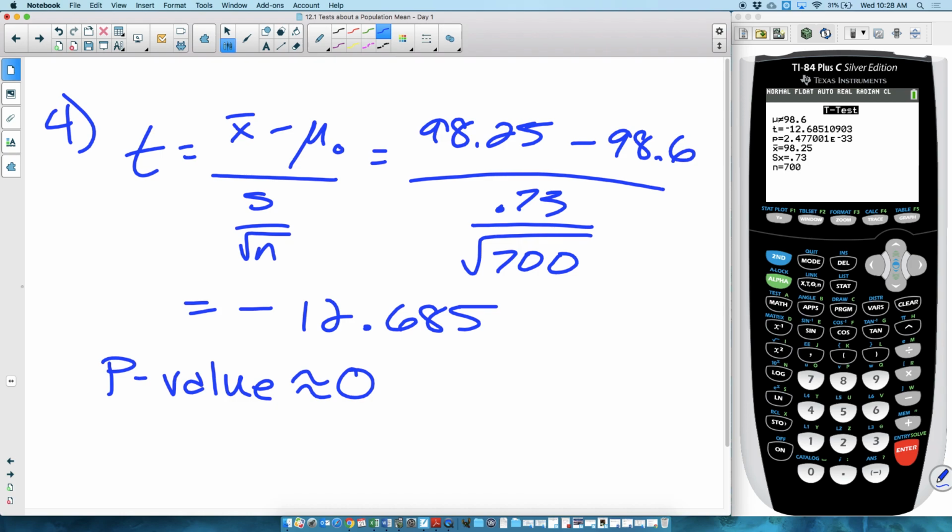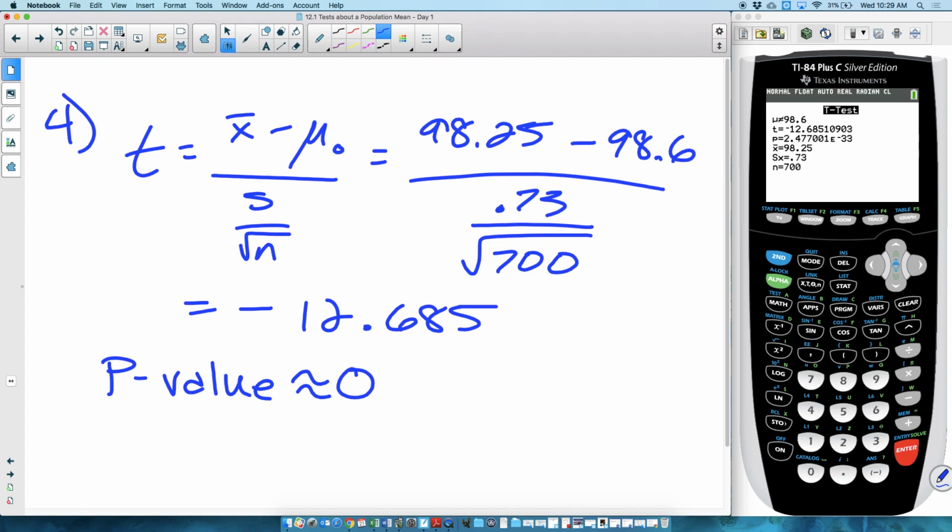You've got to watch the scientific notation on p-values. Think about what a p-value is. A p-value is a probability. It can't be more than 1. So don't try and write down a p-value of 5 point something or 2 point something. That doesn't make any sense. Look for your scientific notation.